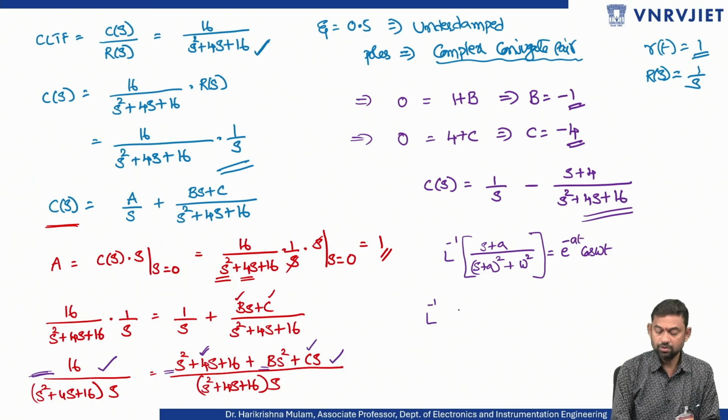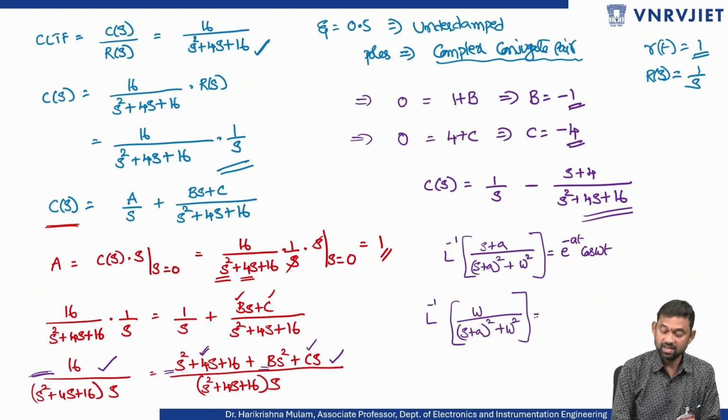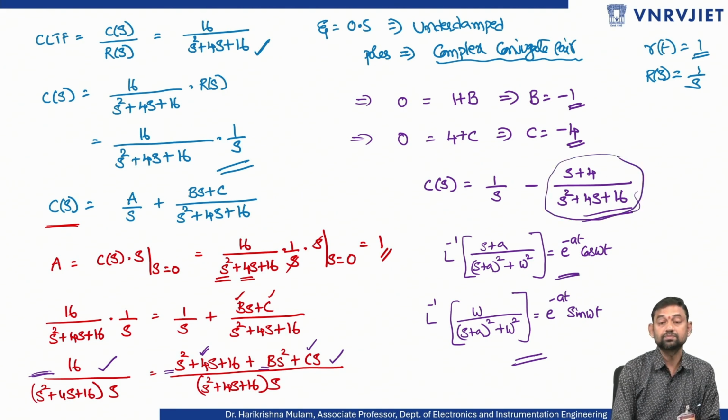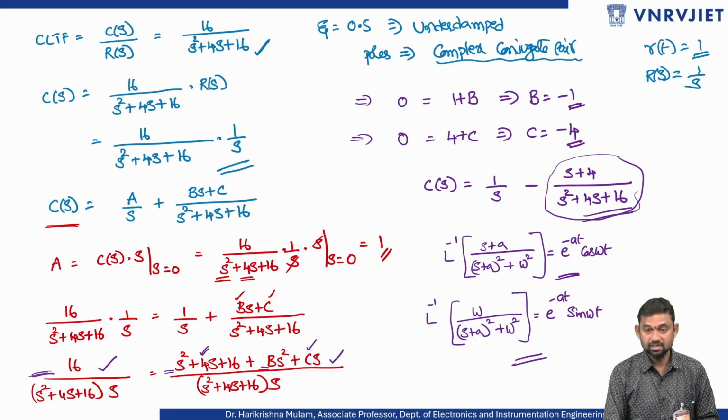Similarly, you can use formulas like the inverse Laplace transform of omega by S plus A whole square plus omega square, which is given as e power minus at sine omega t. In order to use such formulas, you need to rearrange this expression.